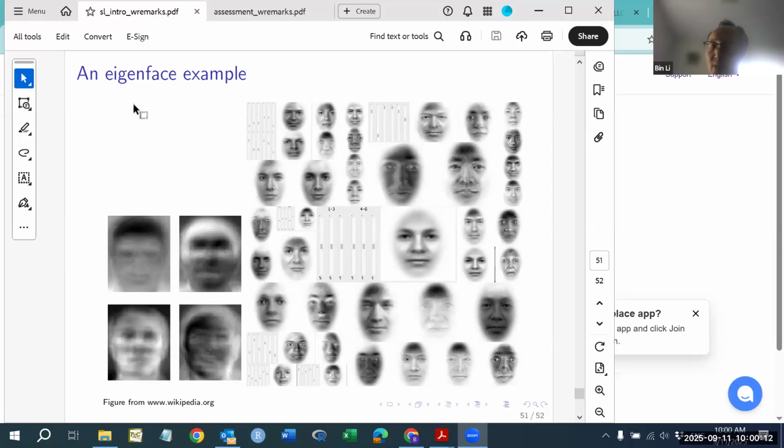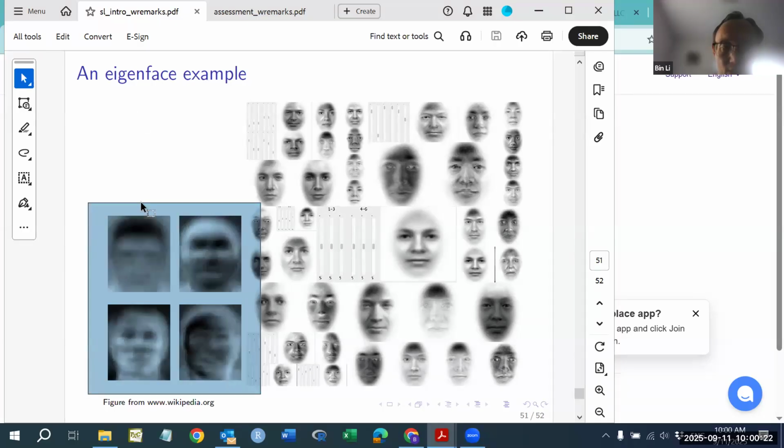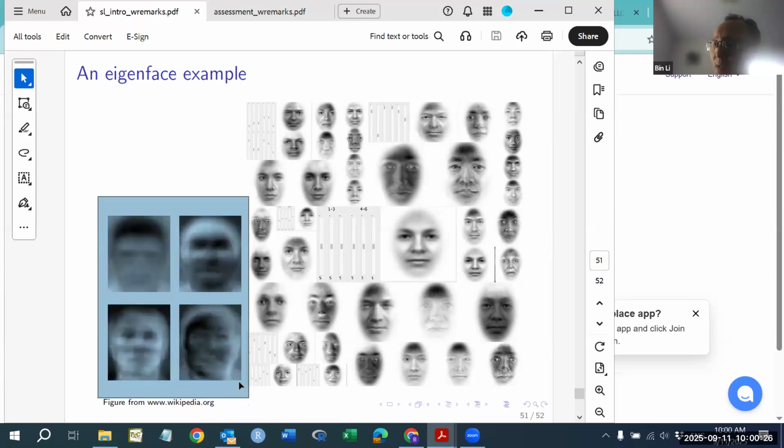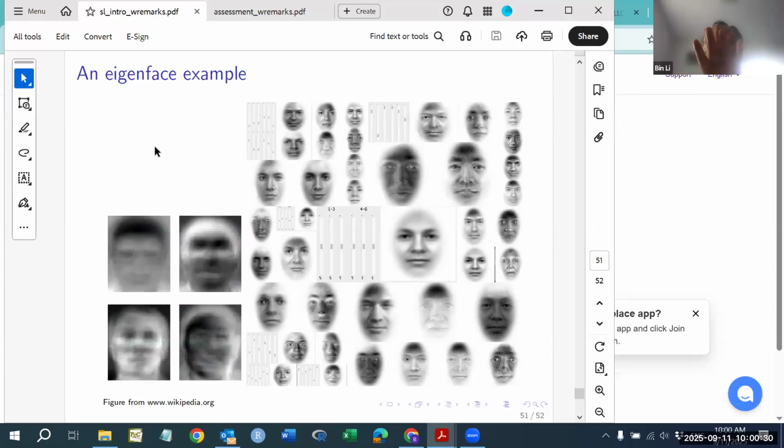So what we can do is, among these millions of pictures, we can find some eigenfaces. Like here we have 4 eigenfaces, and you can think of them like a Photoshop. Each eigenface can be stacked on each other with different weights.